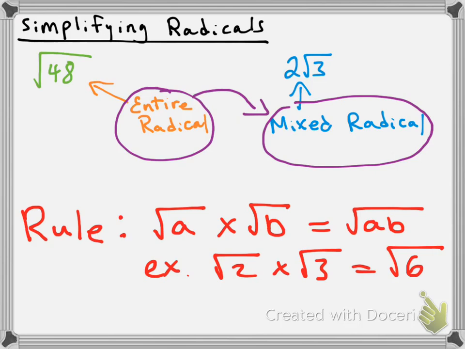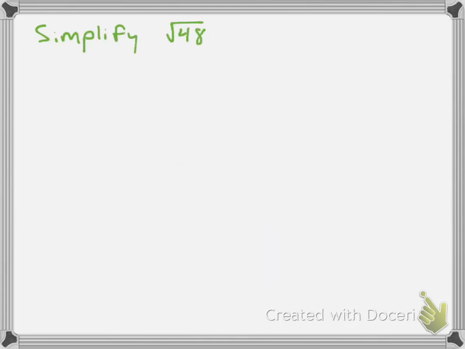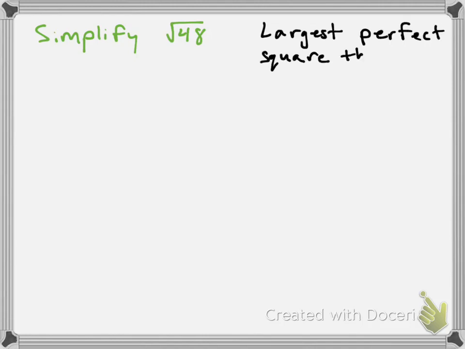Using this rule, we're going to talk about how to simplify radicals, which again means turning an entire radical into a mixed radical. Let's say I want to simplify the square root of 48, the entire radical from the first page. Here's the first question we ask ourselves: what is the largest perfect square that divides 48? Remember, a perfect square is any number that's written as something squared.